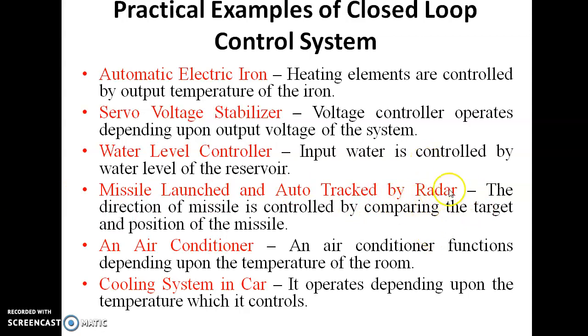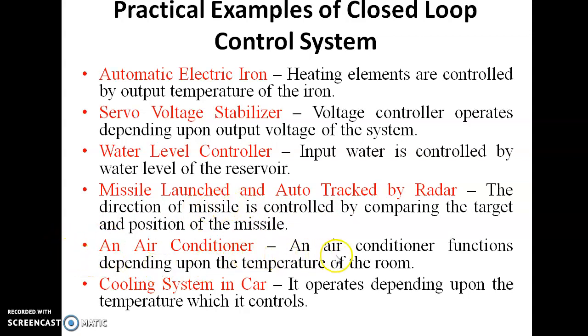Depending upon that, the direction of the missile is controlled by comparing the target and the position of the missile. This is also an example of a closed loop control system, because depending upon that we are launching the missiles.